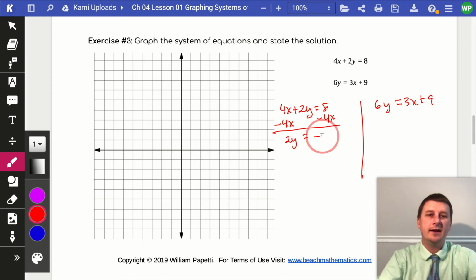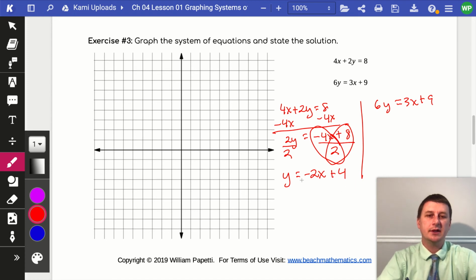And I'll have negative 4x plus 8. Now I want to divide both sides by 2 to get y by itself. That's my goal. Negative 4x divided by 2 will give me negative 2x. And 8 divided by 2 is going to give me a solution of 4.